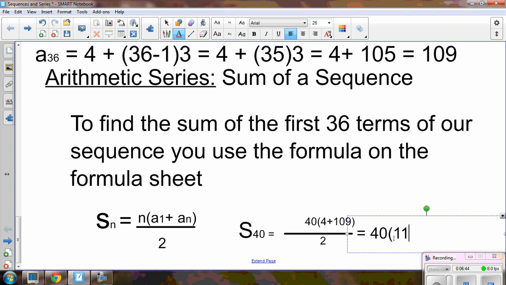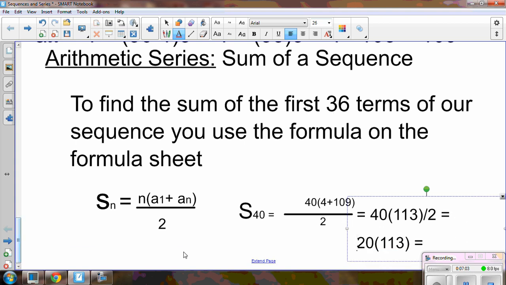This would be 113 divided by 2, which would give us, hold on, since I made a mistake, I'm going to divide by 2 first, so I have 20 times 113, which would then give me, let's see, sorry guys, 2260. So 2,260 if I was to add up all the first 36 terms of our sequence.